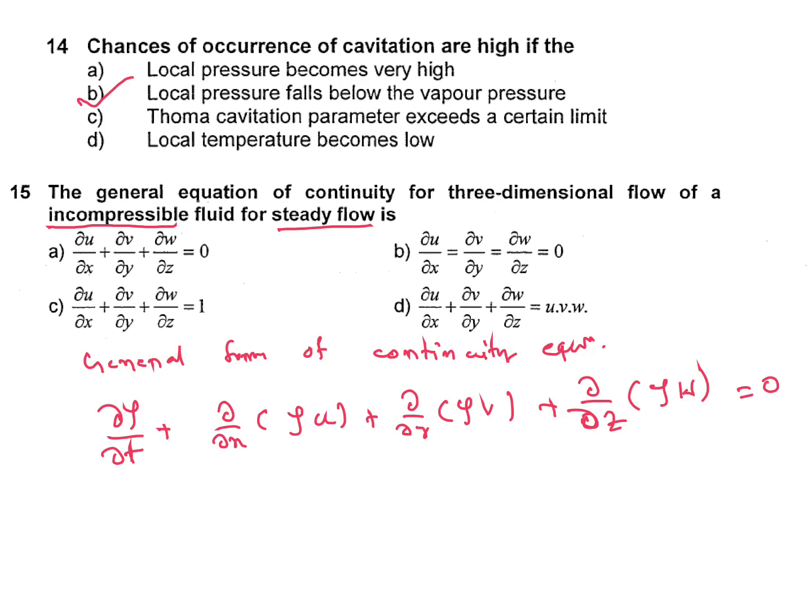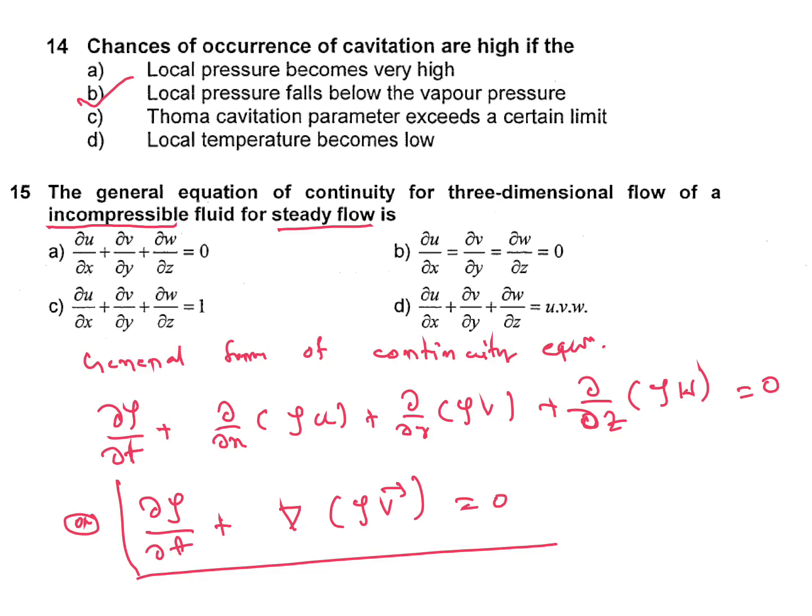Sometimes in this form they are asking the general form of continuity. In IES so many times they asked this question. For steady flow, del rho by del t equal to 0.